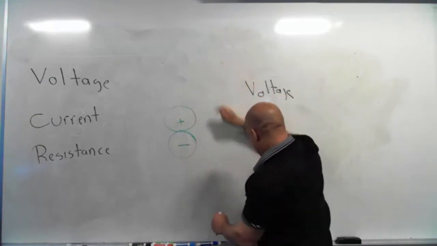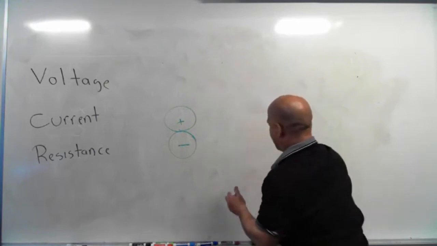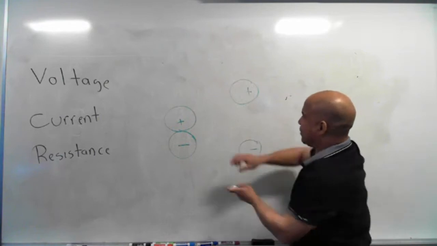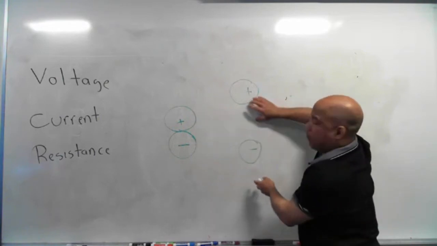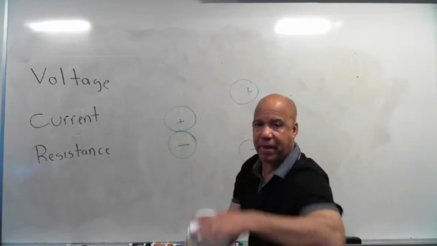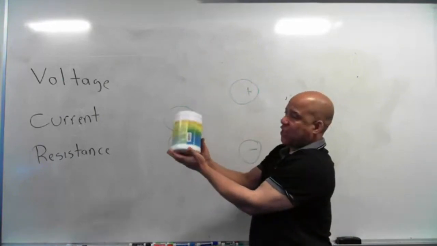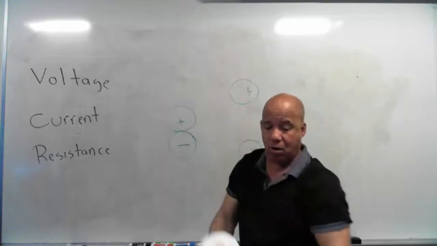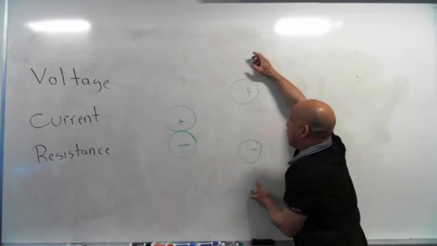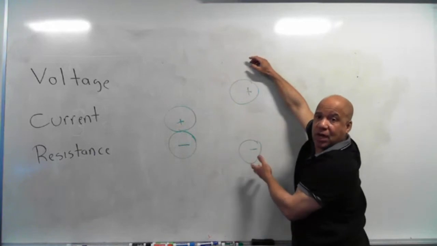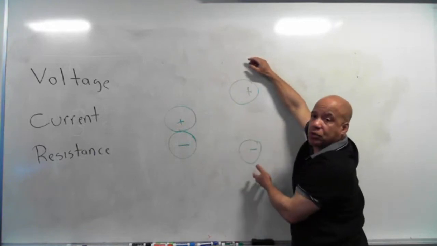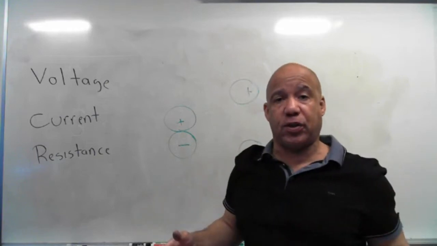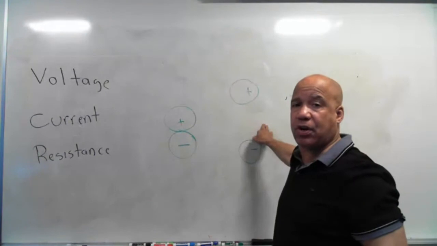I have exactly the same situation that I had when I had the mass. I can take the mass in my hand and separate the mass from my hand. There's a gravitational potential difference between this point and this point, or I can take two charges and separate them, and there's a potential difference between these two points, between these two charges, but not a gravitational potential. There's an electrical potential difference between the two, because we're dealing with electricity here, electric charge.